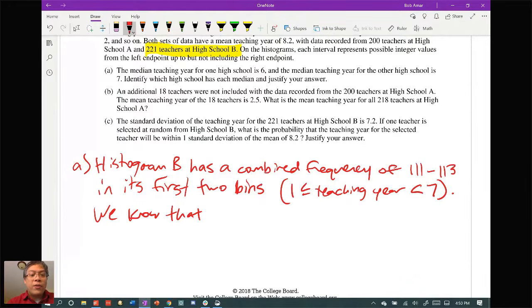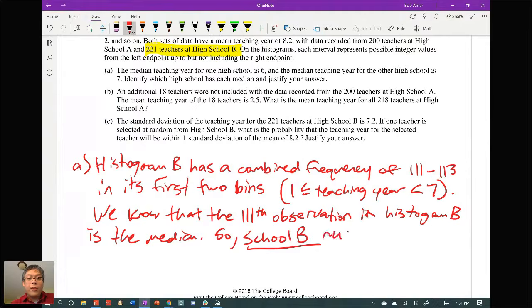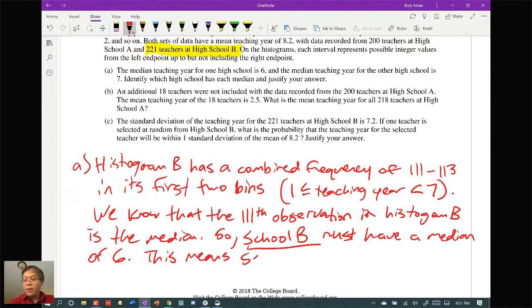So the 111th observation in histogram B is the median. So school B must have a median of 6. This means school A has a median of 7.